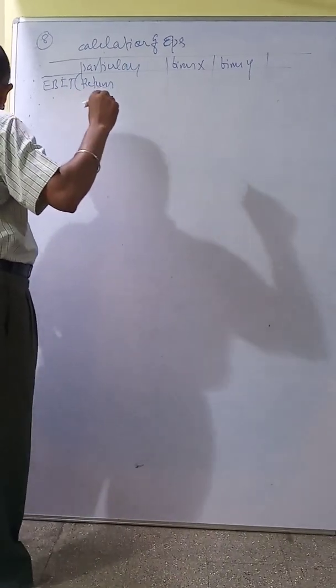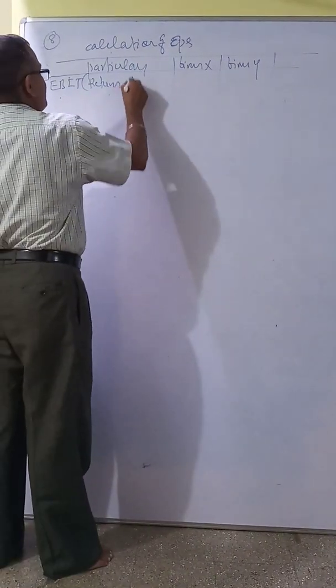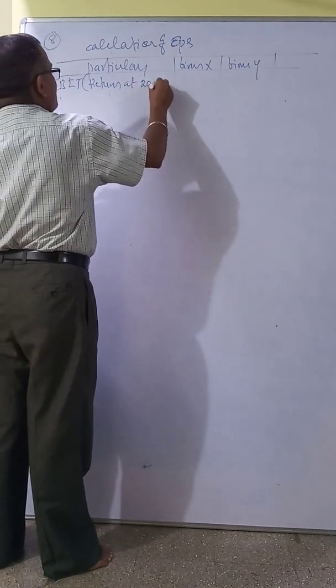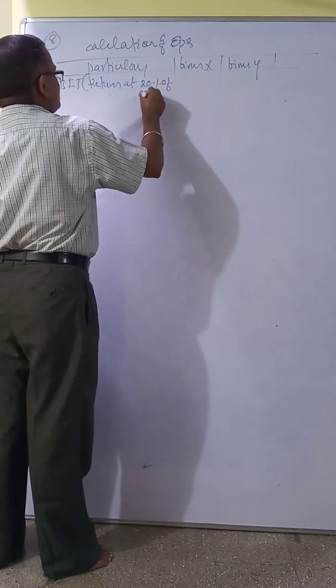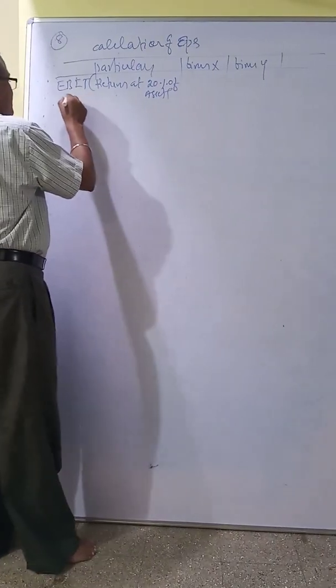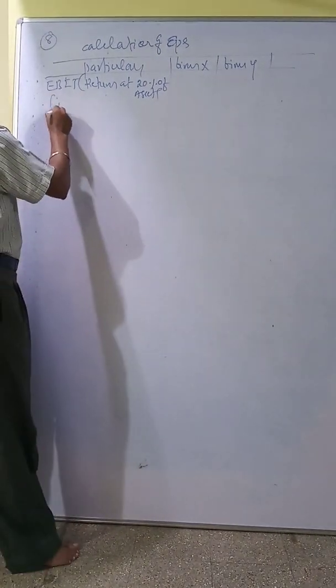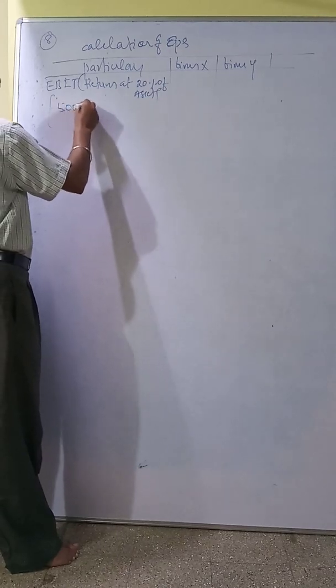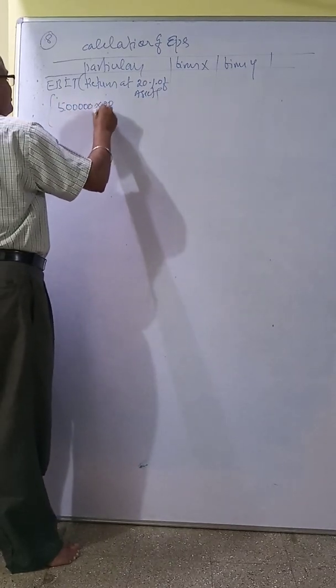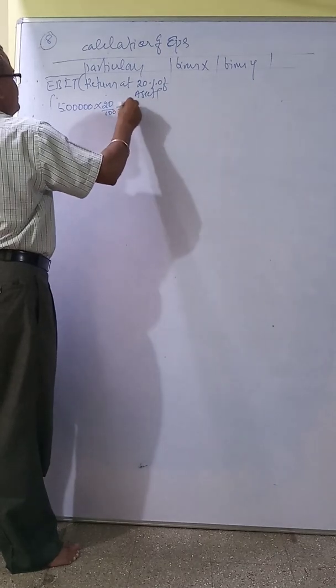Return on assets is 20%, on both firms. Assets, how much do we have? Both companies 5 lakh. 5 lakh into 20 divided by 100, 1 lakh.